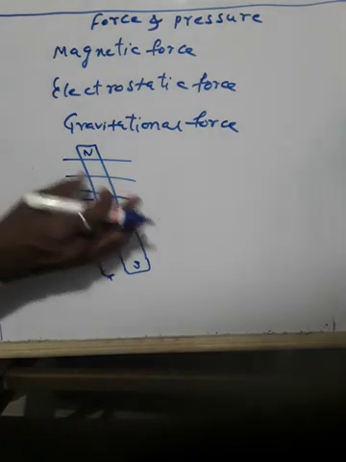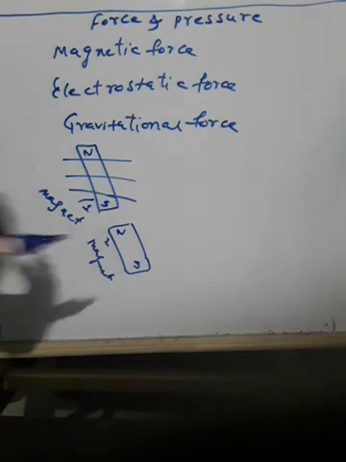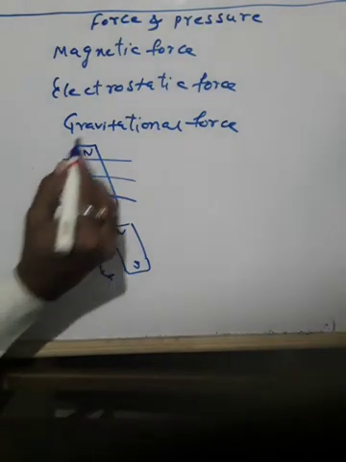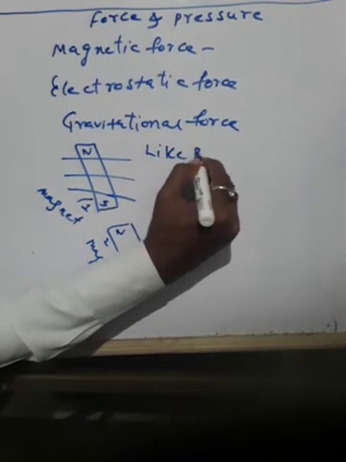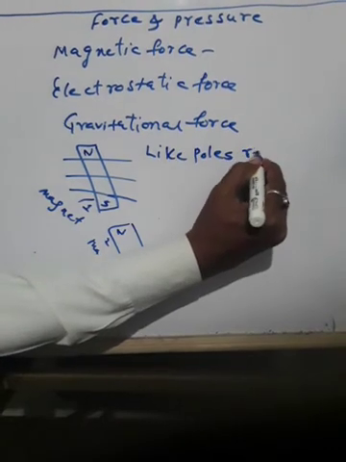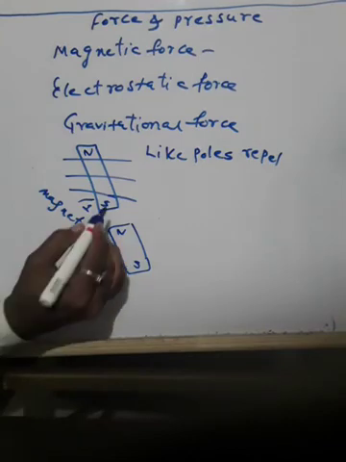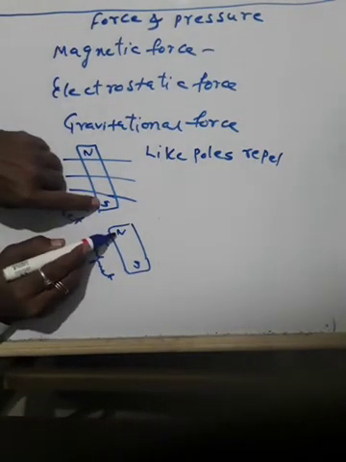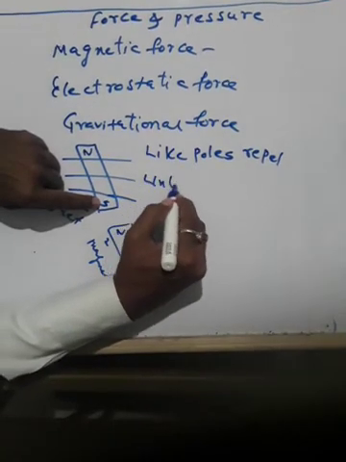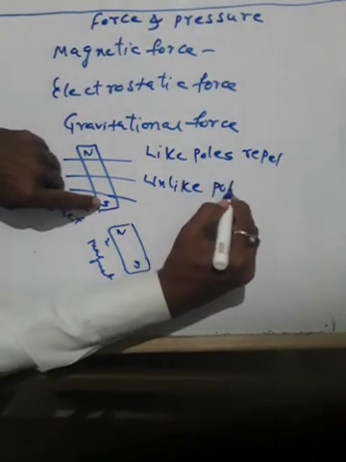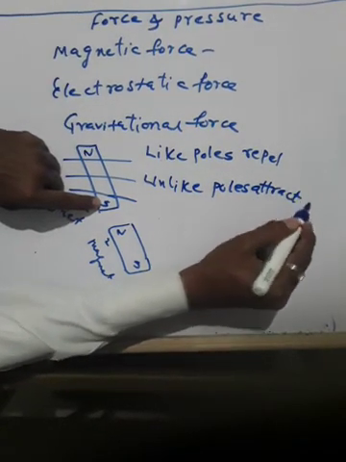Because there is a force of attraction if the poles are different, north and south. The law of magnetism is: like poles repel, unlike poles attract.